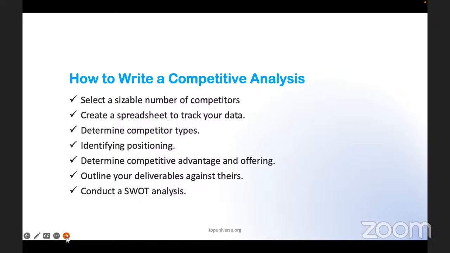So probably not your kind of audience, but in a way they are still your competitors. Then the tertiary competitors are related brands that probably market to the same audience, but they don't sell the same product that you have. They're not competing with you directly in any way.